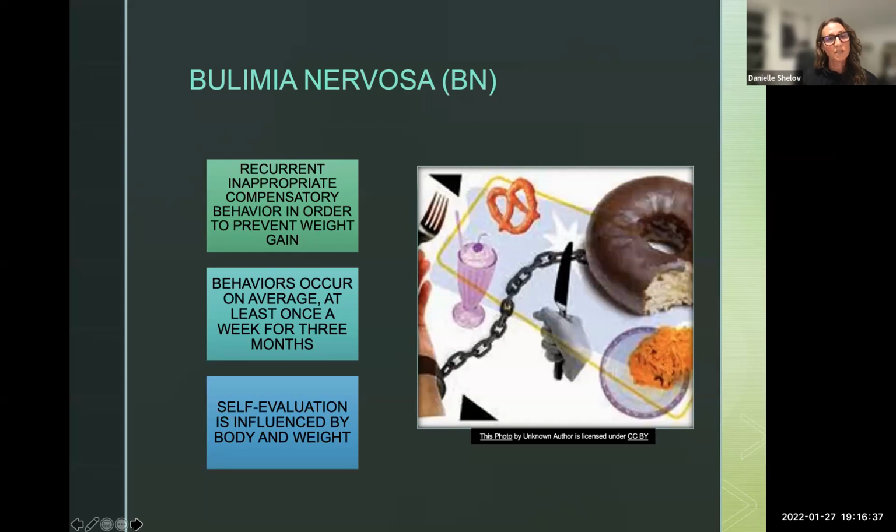And this whole body dysmorphia concept is related, meaning they see something that other people don't see. But the other thing about bulimia is that there's a compensatory behavior that can be purging, which is probably the one people know the most about. But compensatory can also be periods of severe restriction, and it can also be overexercising. So all of these things make up a compensation.